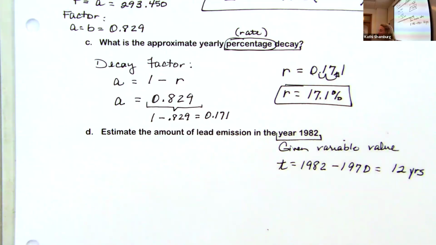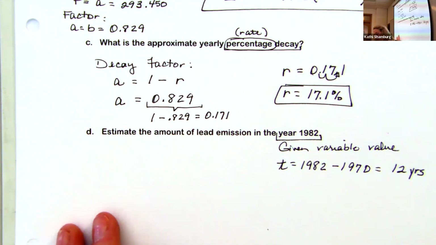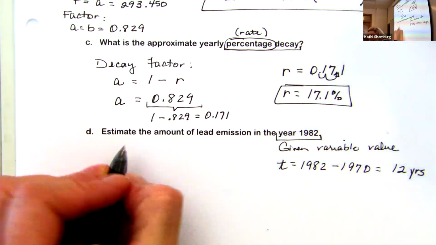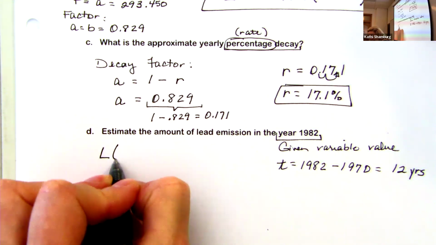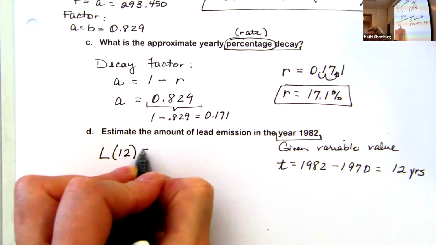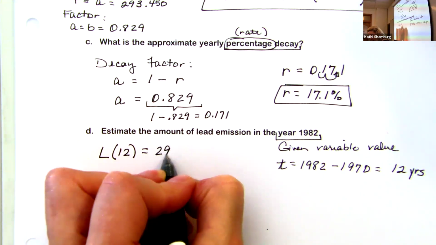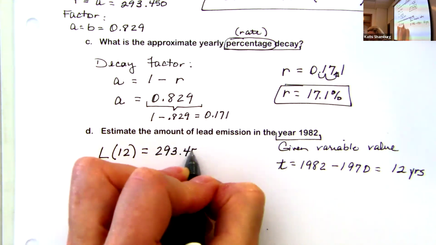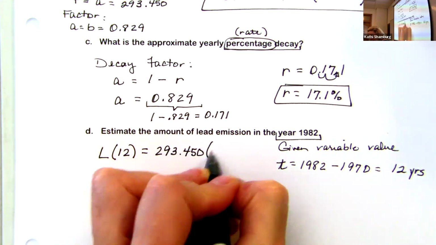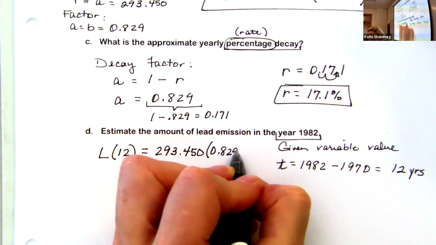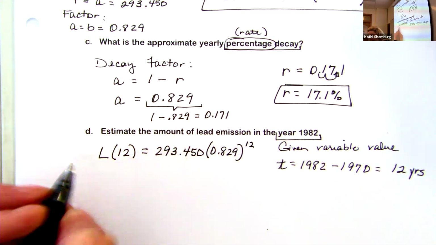So it's 12 years. So go up to part B. L at 12 equals 293.450 times 0.829 raised to the 12th power.